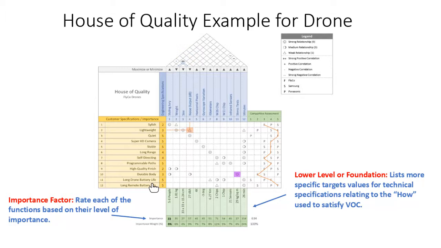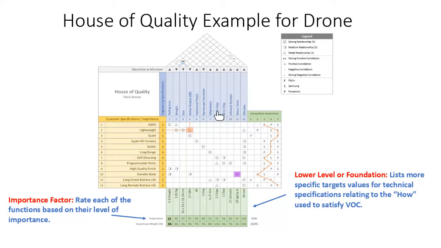Now the engineers translate them into technical specifications. In this case, the number of customer requirements is equal to the number of technical specifications. It doesn't have to be the same every time, but it can be. It is okay either way, whether they are equal, more, or less.